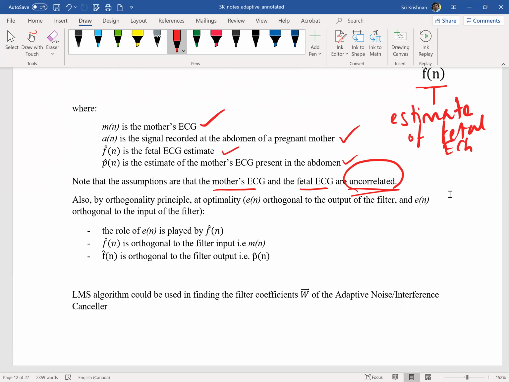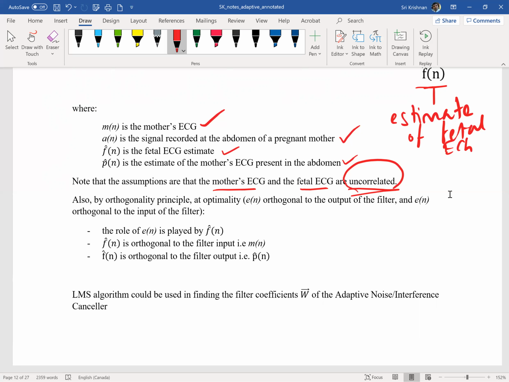Here, the filter order in a fetal ECG tends to be very high. I'm talking about an order of 7 and higher, so the number of coefficients W you need is 7 or higher. Now you might wonder, is there a theory that determines what the order of those adaptive filters should be? We will see that later.